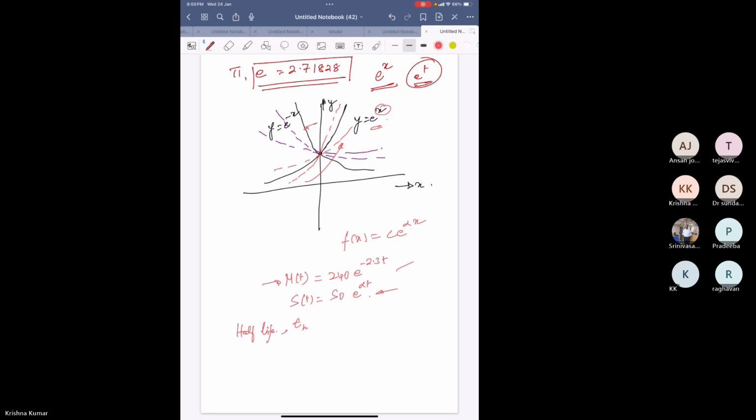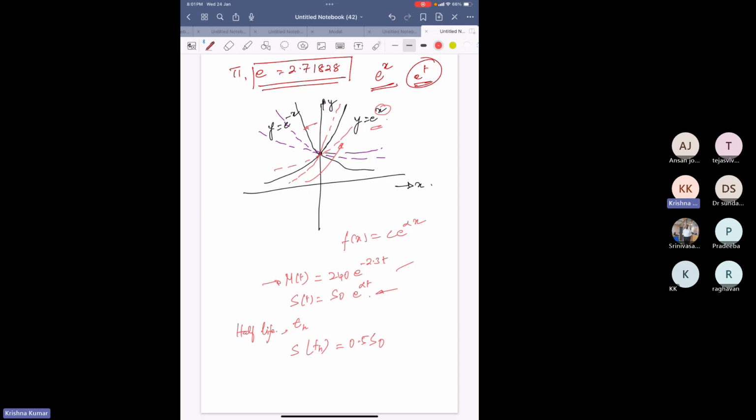Is that clear? So in other words, S of T of H is equal to 0.5 times S naught, the initial value.